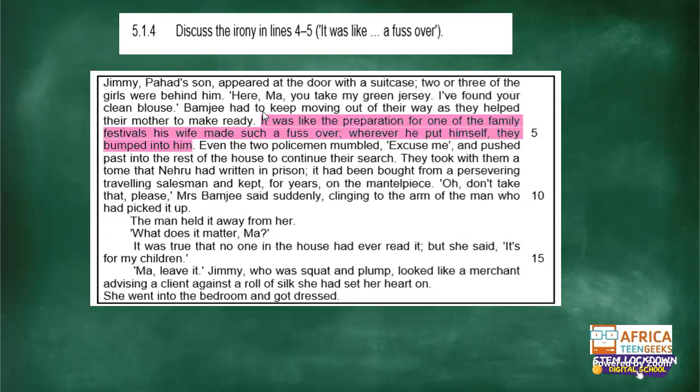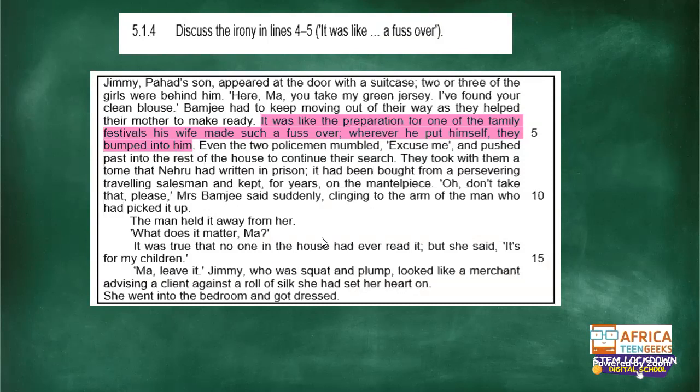If you can just read line 5, it says, it was like the preparation for one of the family festivals. His wife made such a fuss over. Wherever he put himself, they bumped into him. But then again, if you continue, you will realize that this entire passage has nothing to do with a festival or this day being a happy day.